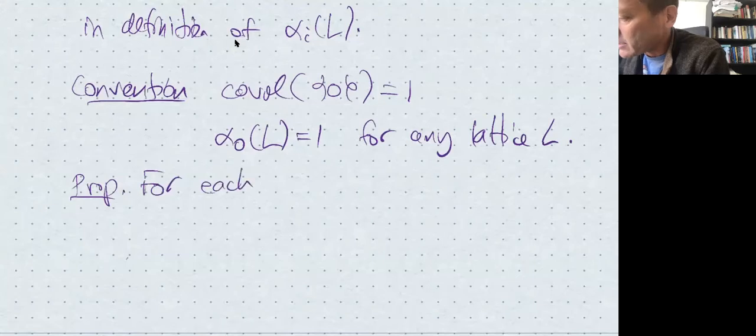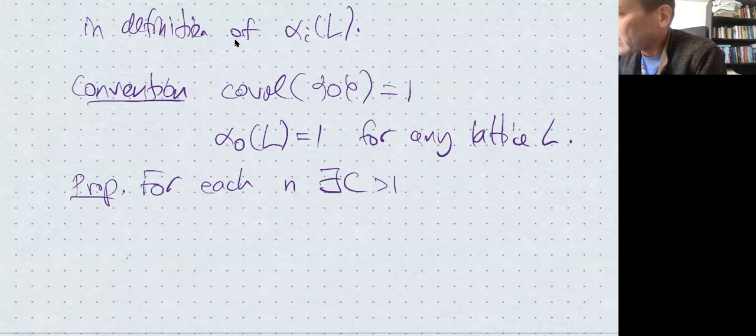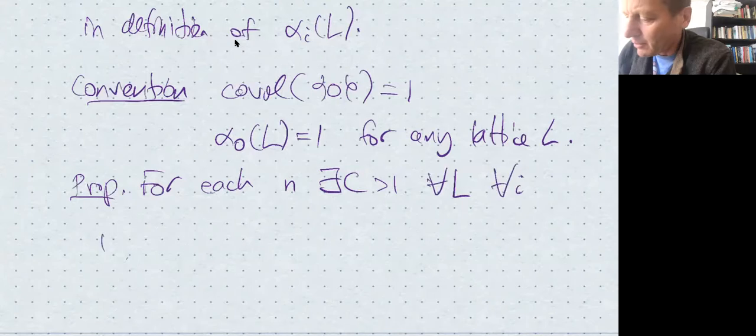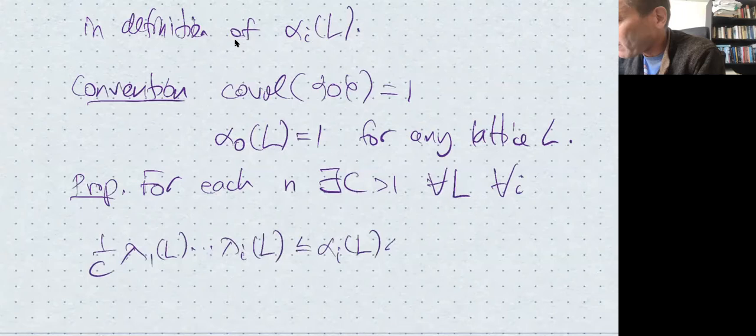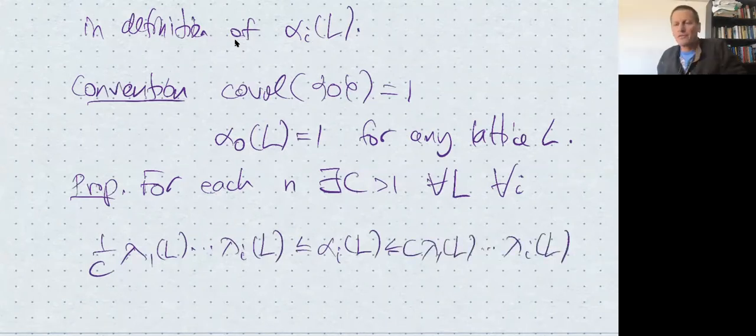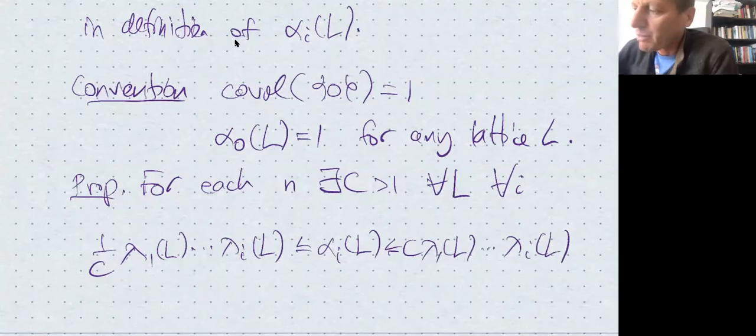For each dimension n, there exists a constant c bigger than 1, such that for any lattice L, and for any i, the quantity alpha i of L, which we care about, is bounded above and below by the product of the first i successive minima. So let me draw a picture just so you get used to this.